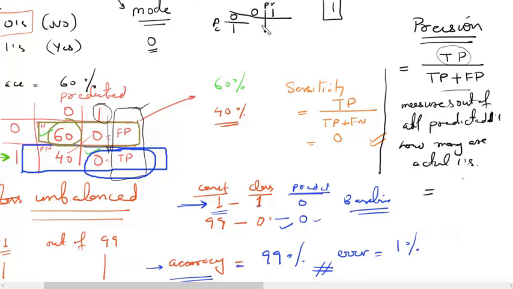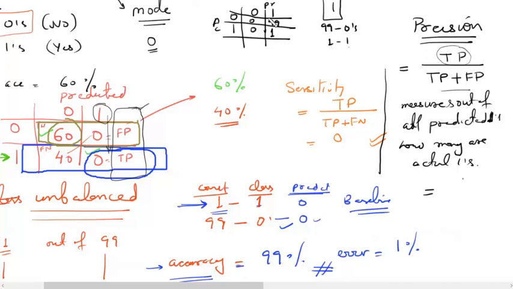If we predict that all 100 are 1s, we will have only 1 as the true positive because only one person has the disease. This is the actual data where we have 99 zeros and 1 one, so this term will be 99. Our false positive will be 99. The 0 we are not predicting any, so it will be 0.